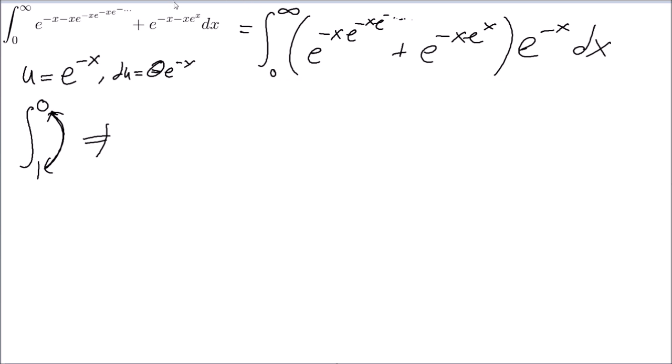Okay, so in that case, we do have an integral from 0 to 1, and we do have u to the power of u to the power of u to the power of u, and then infinitely.